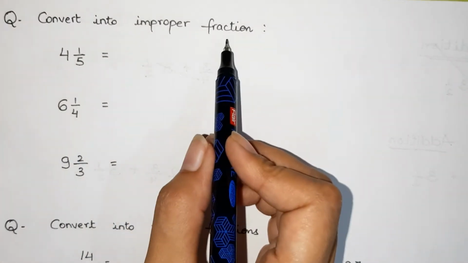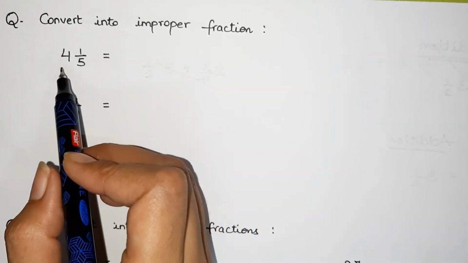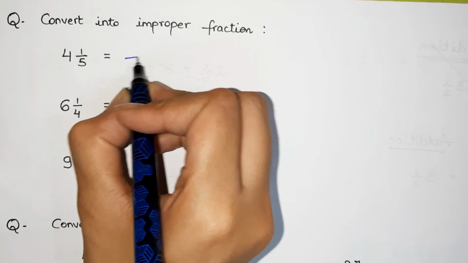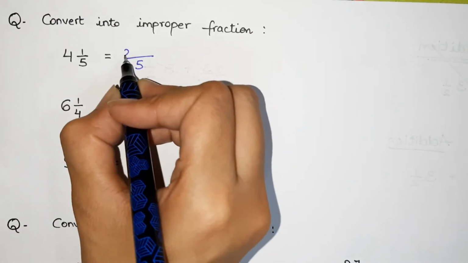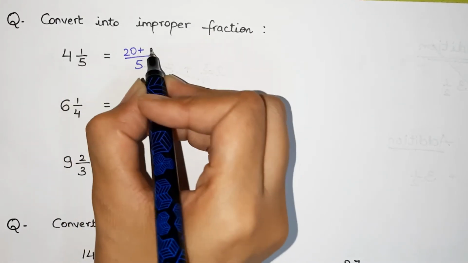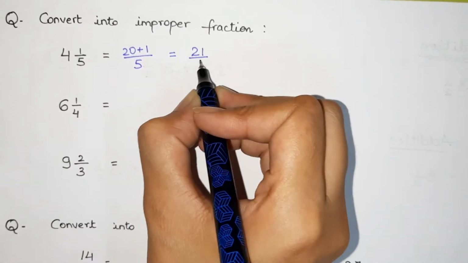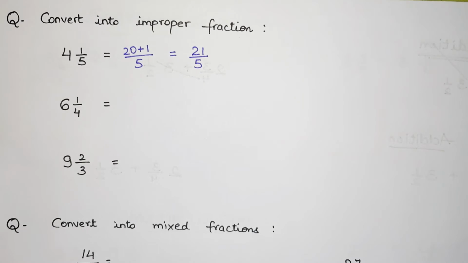Convert into improper fraction. How can we convert it into an improper fraction? 5 multiplied by 4 is 20 plus the numerator, that is 1. The answer is 21 by 5.